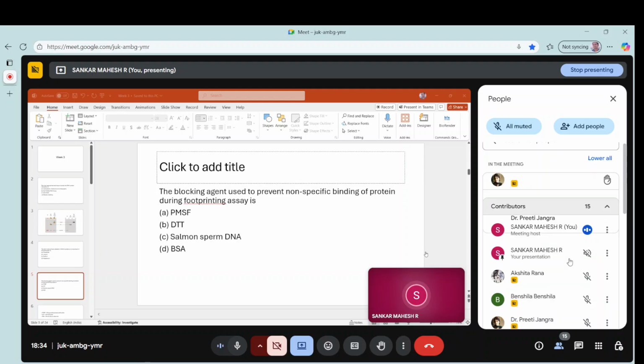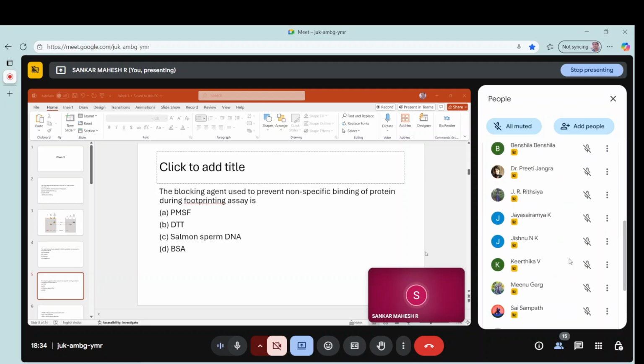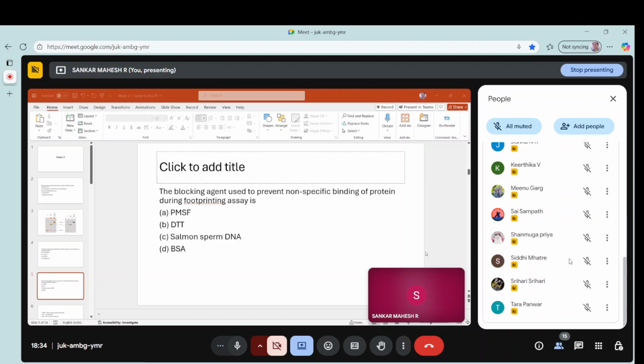Now, Sai Sampath, you can unmute and tell what other information you know about footprinting assay. The same answer, sir. It is easy to find where the DNA or RNA sequence binds the specific protein. Right. So now, adding on to whatever was said, why would we need a blocking agent here?